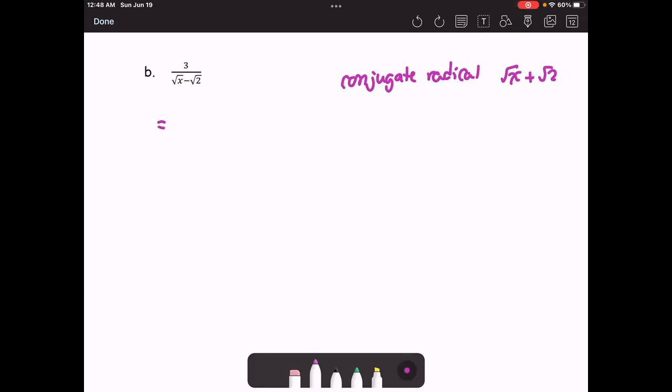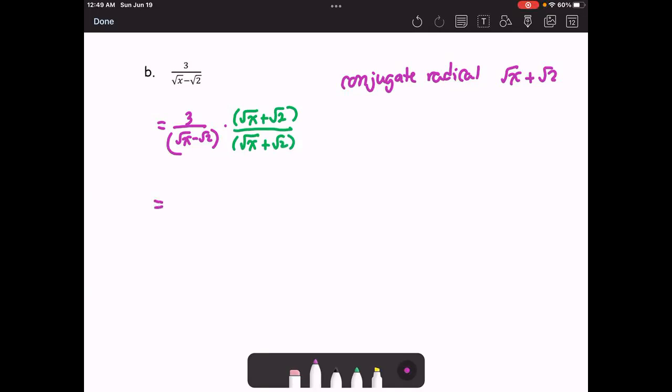So we're going to multiply both top and bottom by the conjugate radical, put in square parentheses, so the square root of x plus square root 2, into the numerator, and the same square root x plus square root 2 multiplied to the denominator.